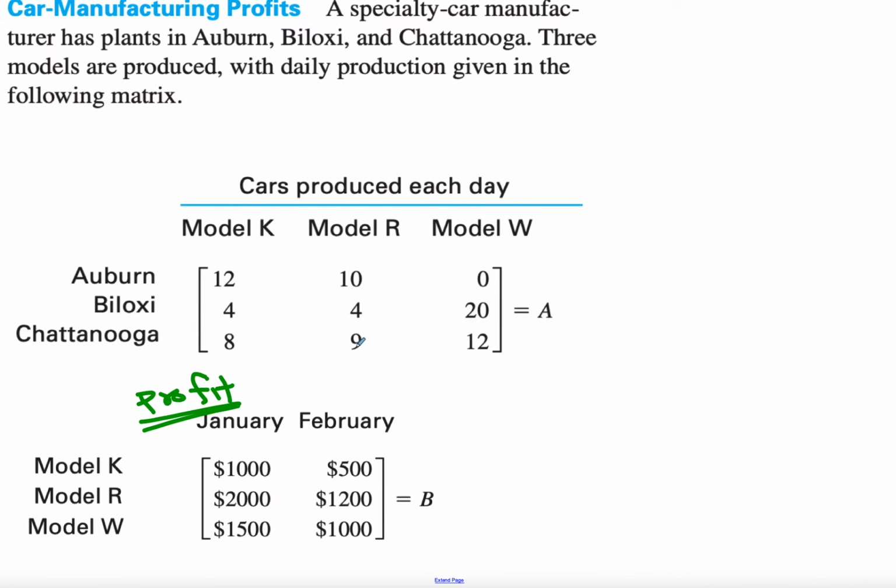How would I be able to do it? Notice that the 12 for Model K has to be multiplied by the 1,000, Model R has to be multiplied by 2,000, and Model W has to be multiplied by the 1,500.